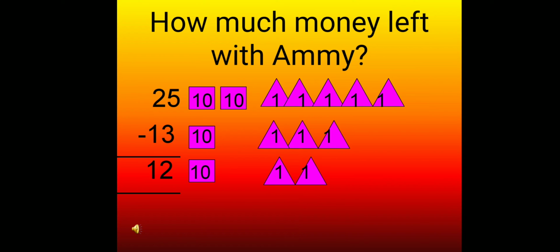First of all, subtract 3 ones of 13 from 5 ones of 25. We are left with 2 ones. After that we have to subtract 1 ten of 13 from 2 tens of 25. We get 1 ten. So the number will be 12. So Amy is left with 12 rupees.